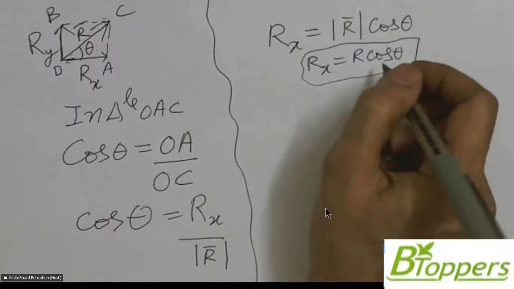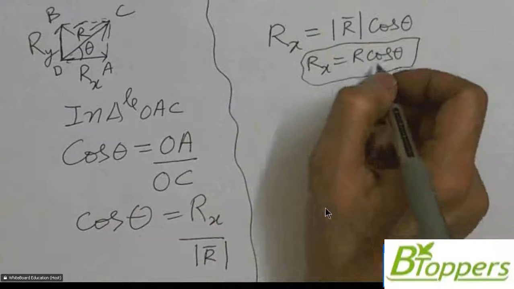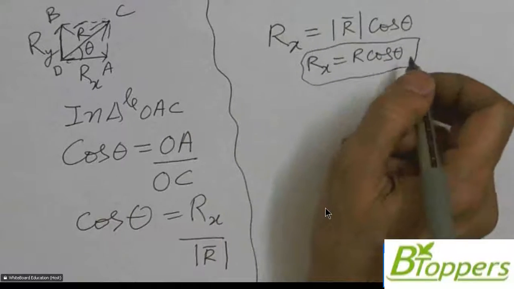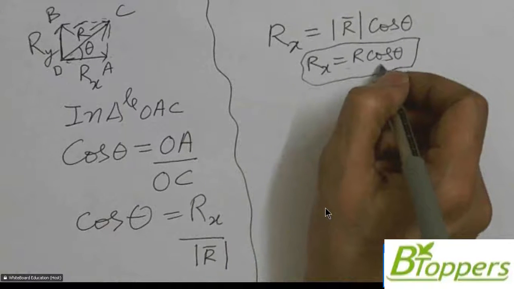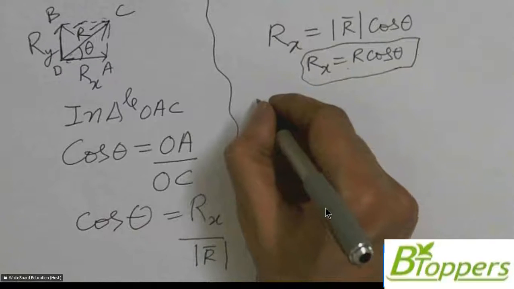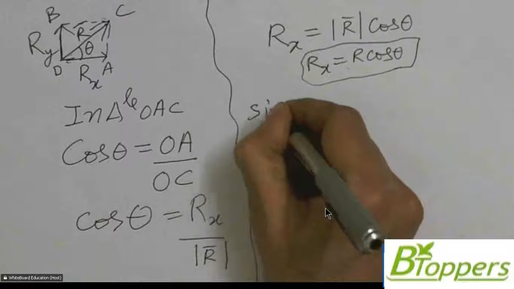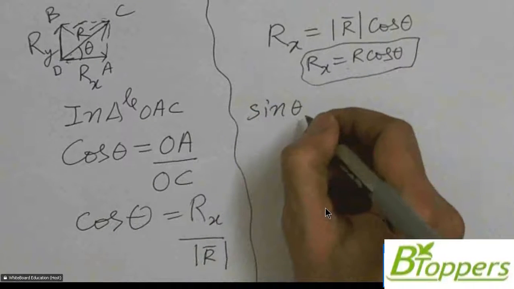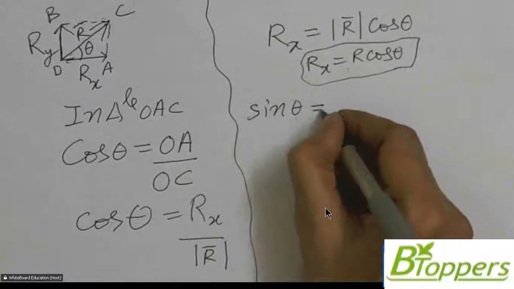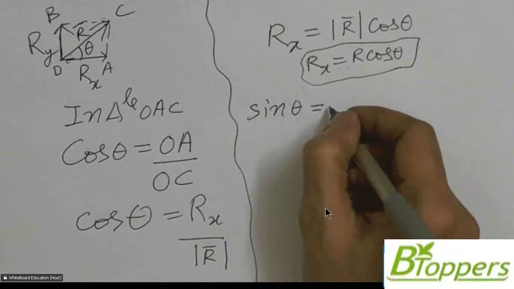So if the vector r bar which lies in the xy plane makes an angle theta with the positive direction of the x-axis, the x component of the vector is given by Rx equal to r cos theta. In the same triangle OAC, we can write sin theta equal to the length of the side opposite to the angle theta divided by the length of the hypotenuse side.